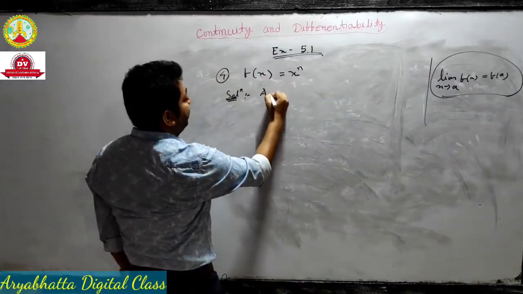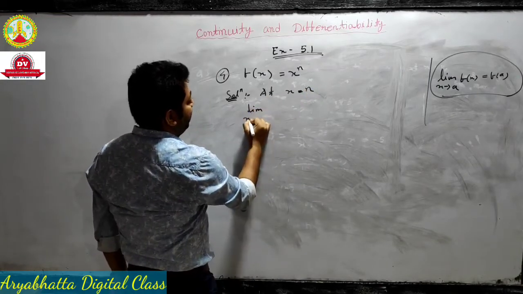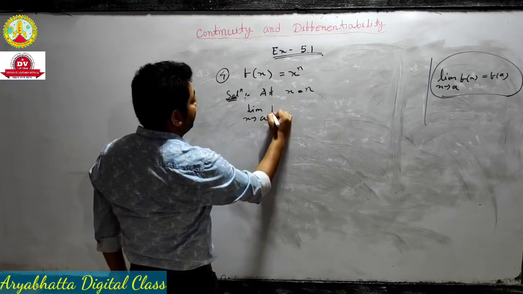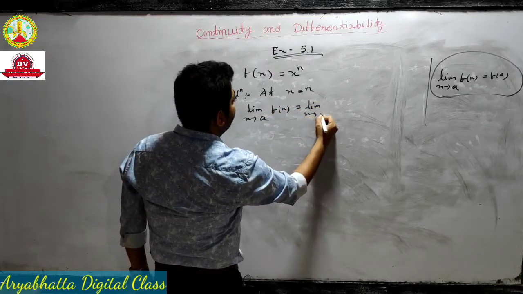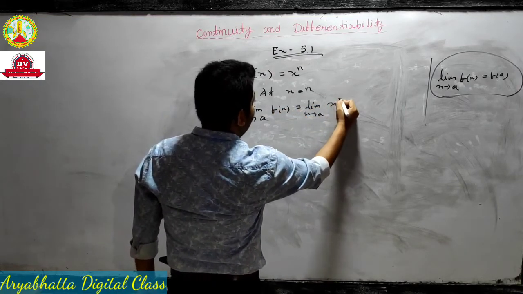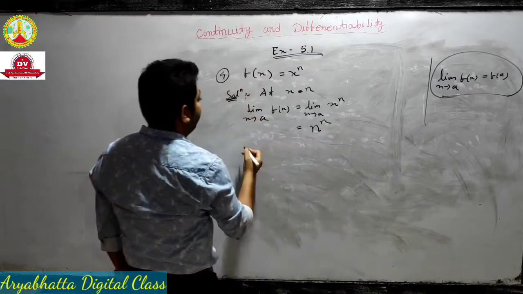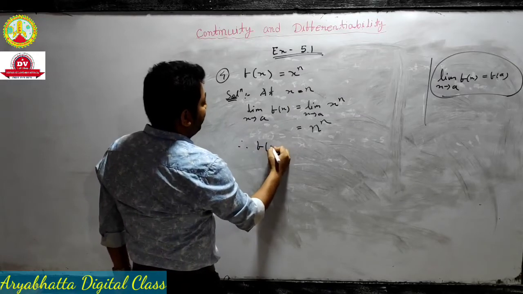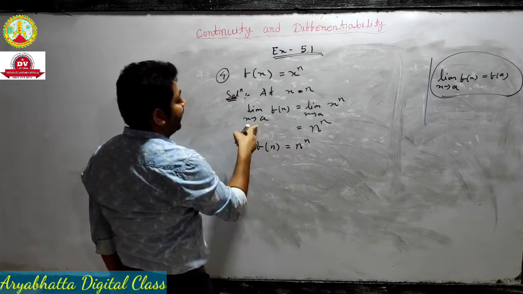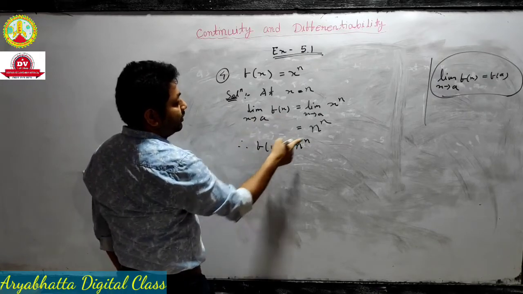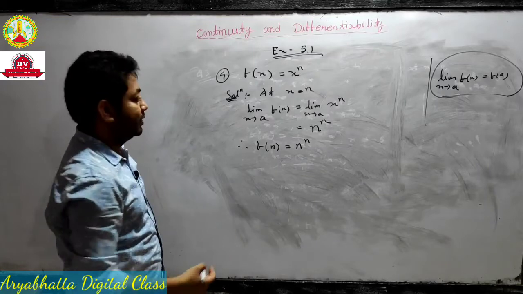Therefore, at x equal to n, limit x tends to n, f of x is equal to limit x tends to n, x to the power n. This is equal to n to the power n. Next, f of n is equal to n to the power n. Here, limit x tends to n, f of x is equal to f of n is equal to n to the power n. Therefore, this function is continuous at x equal to n.